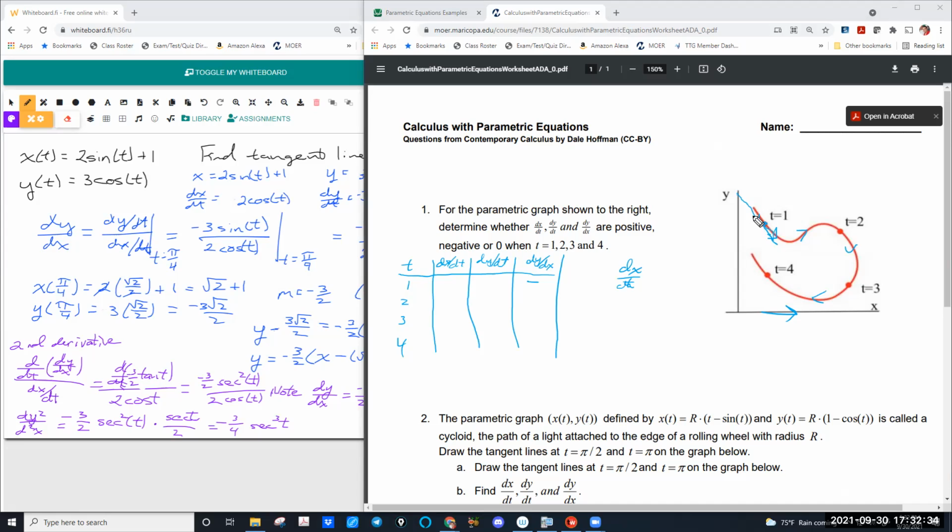And think about it, we're going in this direction, right? The direction of the arrow, which is in the direction of increasing x. There we go. Very good, guys. x is getting bigger, which would mean that our derivative at that point would be positive. Questions about that?